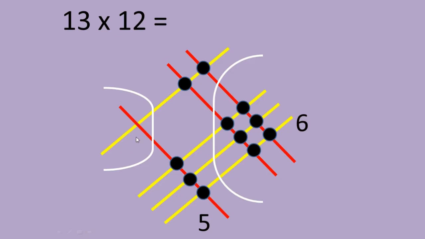In the last part, we have 1 intersecting line. Reading the number from left to right, we have 1, 5, and 6. Therefore, the answer is 156.